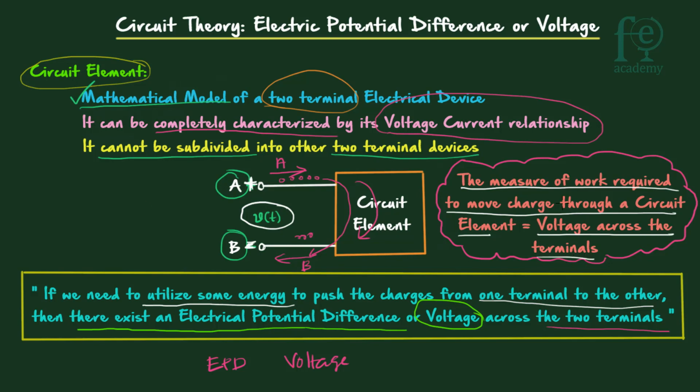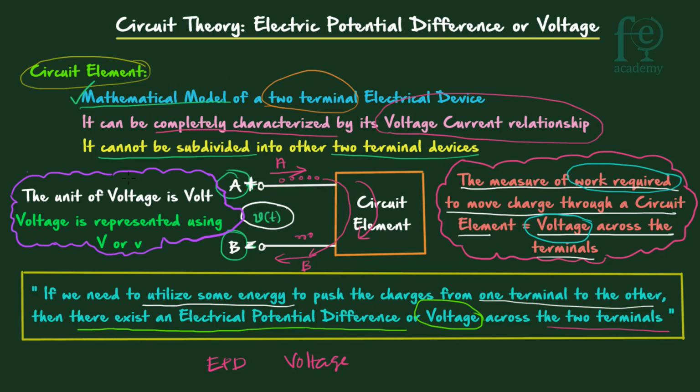How much work is required to move charges through this circuit element? That is the voltage across the terminals of that circuit element. The unit of voltage is volt. You are familiar with that. It is represented using capital V if it is a constant voltage, and small v if it is an instantaneous or continuously varying voltage.